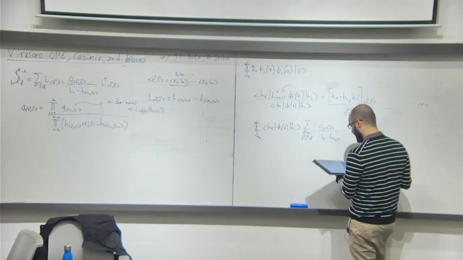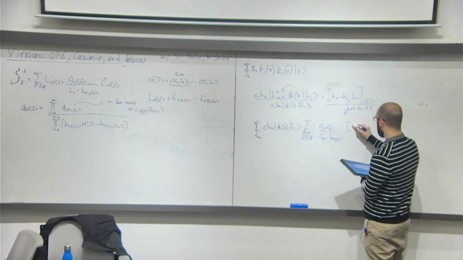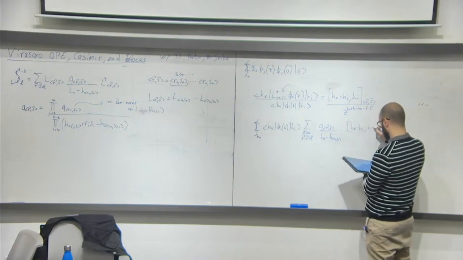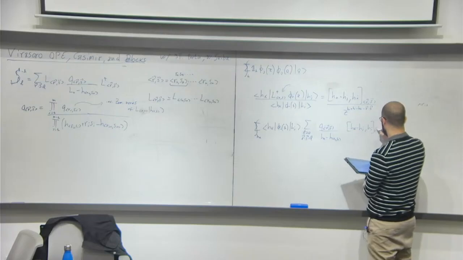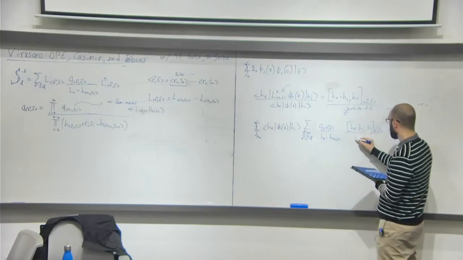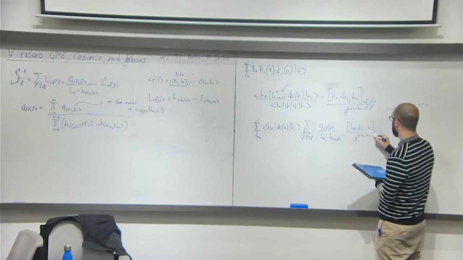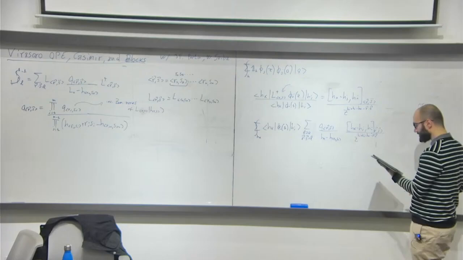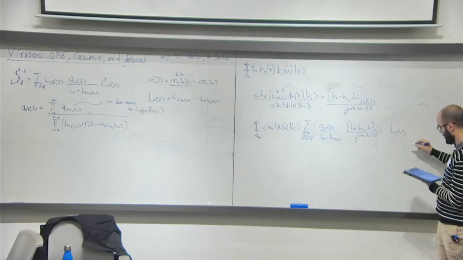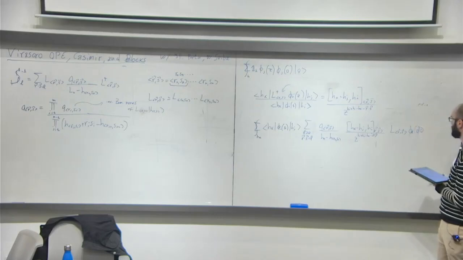I'm just copying so far the resolution of the identity. We have this object here inserted, so h_k minus h_j h_i r s, divided by z to the h_i plus h_j minus h_k minus r dot s, times L_{RS} phi_k of 0 evaluated at 0.